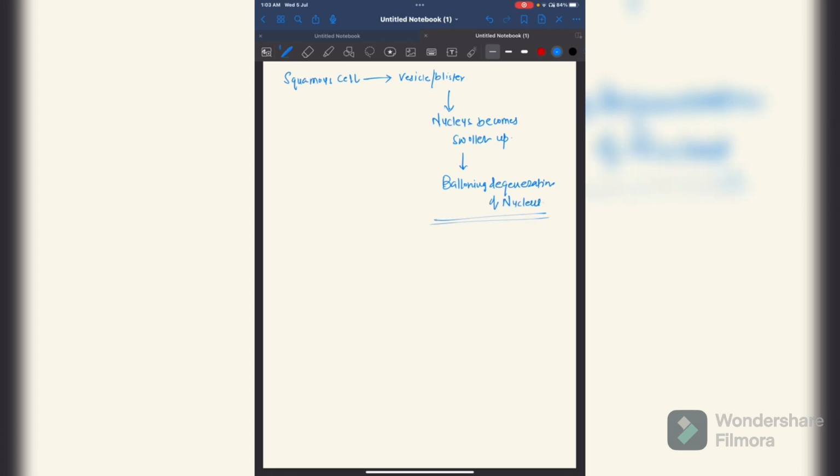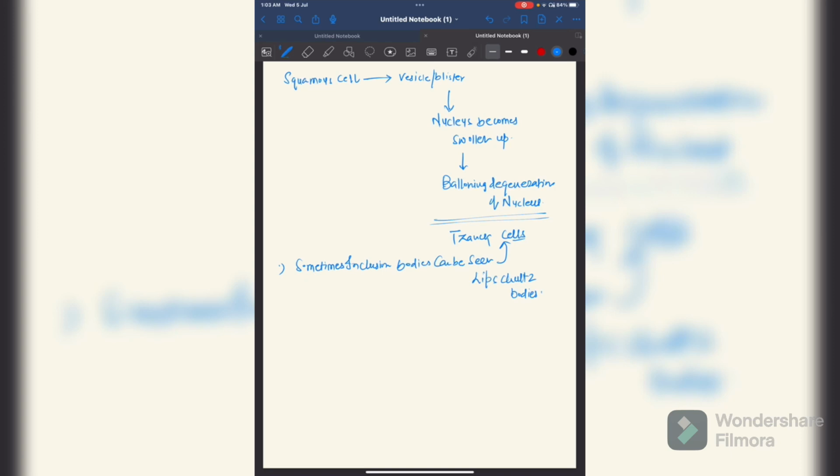So the ultimate cell is known as Tzanck cell. And sometimes inclusion bodies can be seen in these cells. So this is known as Lipschutz bodies.